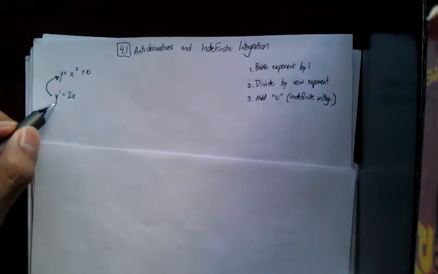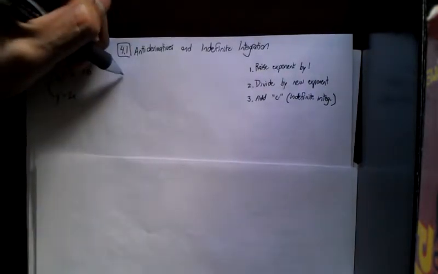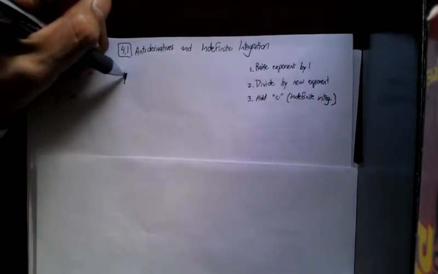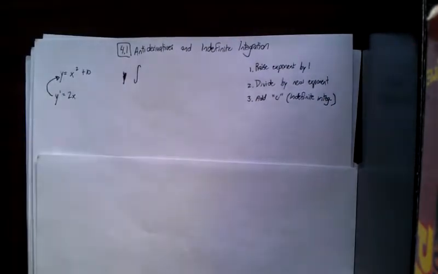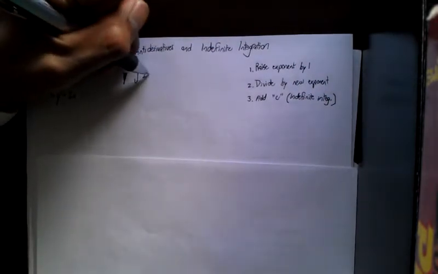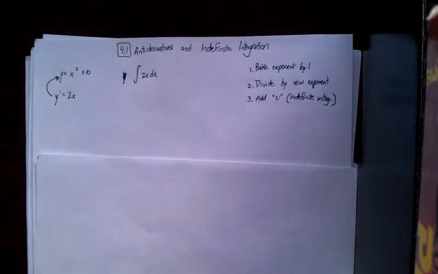So, say we were given y prime equals 2x. In order to find the antiderivative, the symbol for find the antiderivative is that symbol right there. And then it'll be f of x dx.